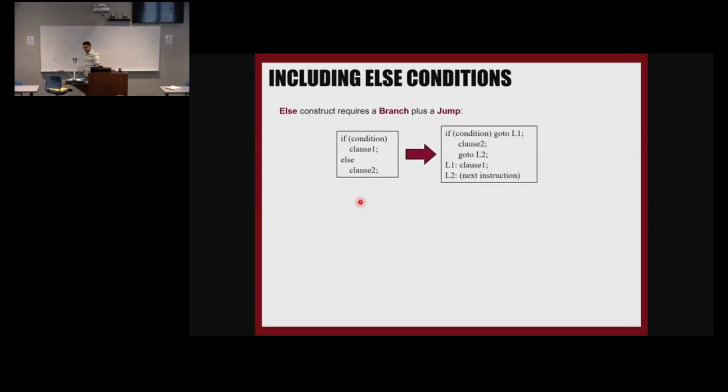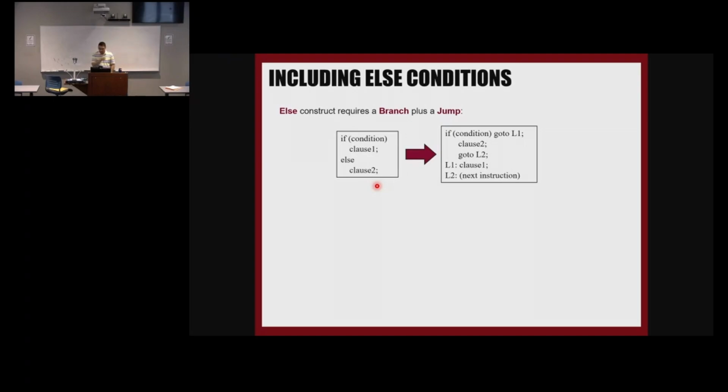Okay, now we want to implement an if-else condition by using branches. So usually how we do it is we check a condition. If the condition is met, we do clause 1. If not, we do clause 2. Right?